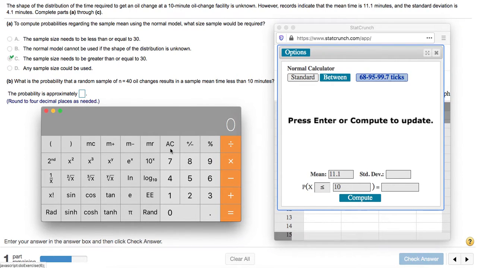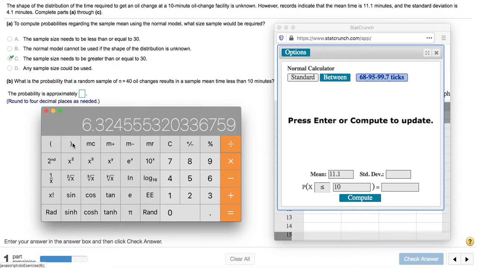On this one here, I would start with the original standard deviation, 4.1, and I'll click divide by. Then in the denominator, I want to enter the square root of 40. It's a little weird to do this on this calculator, but you have to open a parenthesis. You first have to type in the number 40 and then take the square root. By opening this parenthesis, it's going to put it into the denominator when I click divide by.